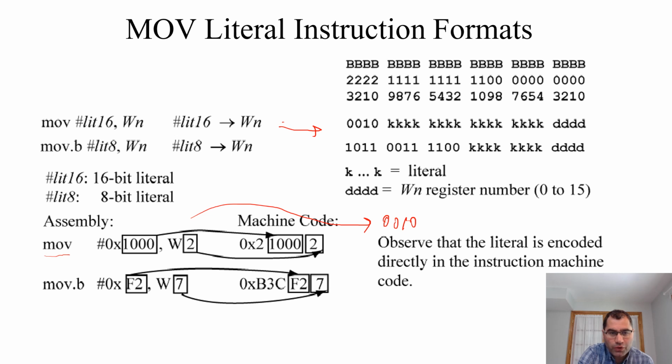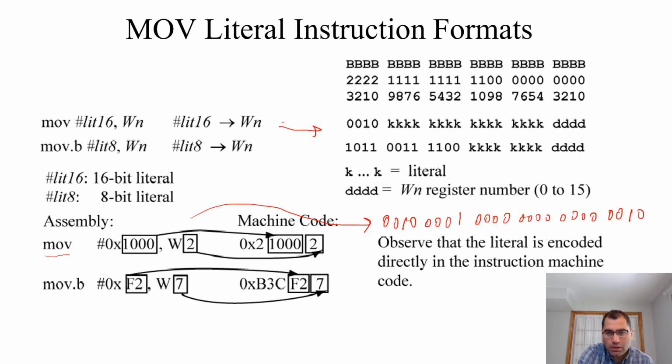If you convert this to the binary equivalent in 16 bits, it's going to be 0, 0, 0, 1, 0, 0, 0, 0, 0, 0, 0, 0, 0, 0, 0, 0, and that's it. Then DDDD is the working register value. W2 is going to be 0, 0, 1, 0.